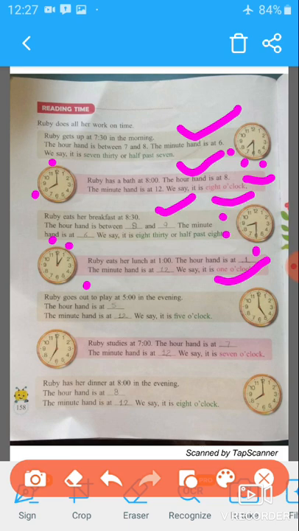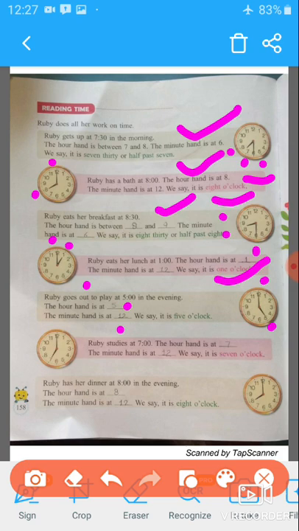Now in the next, Ruby goes out to play at 5 in the evening. So students, can you tell where the hour hand is at that time? Right, 5. You will write here 5. And the minute hand is at? Correct, 12. So you can write here 12. We say it is 5 o'clock.